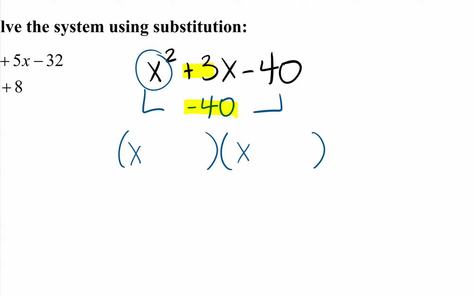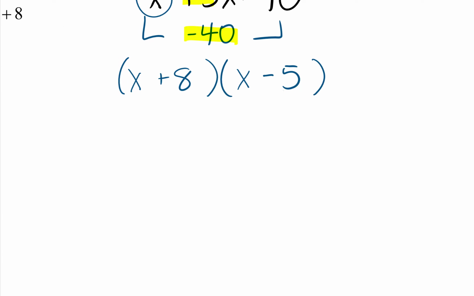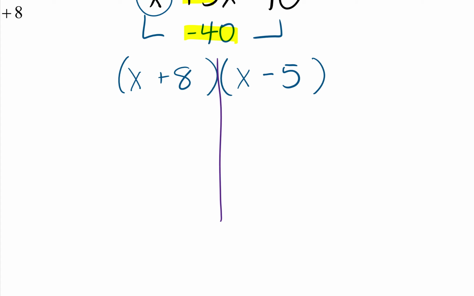Again, these numbers are fairly small, so you should be able to get plus 8, minus 5. Okay? And now to solve, because I'm solving, I don't want to factor. I'm just using factoring to find the answer. I set each equal to 0 and then solve for x.